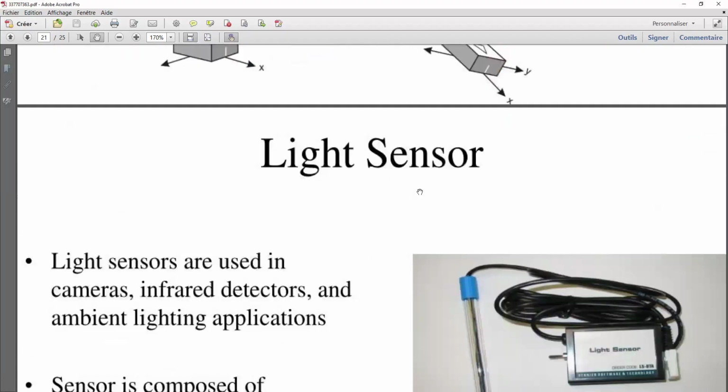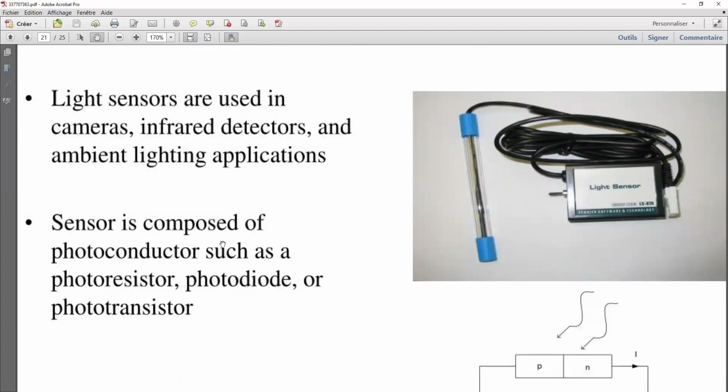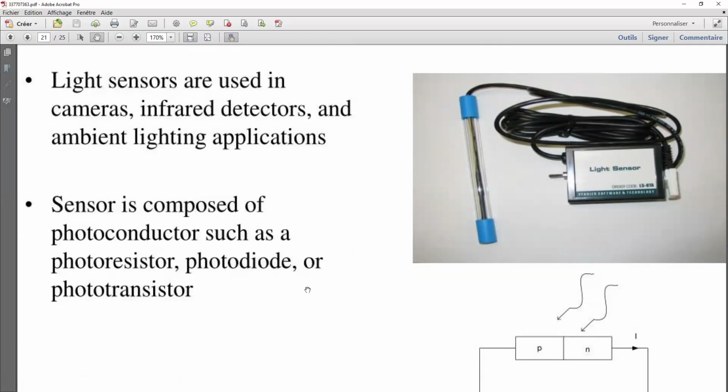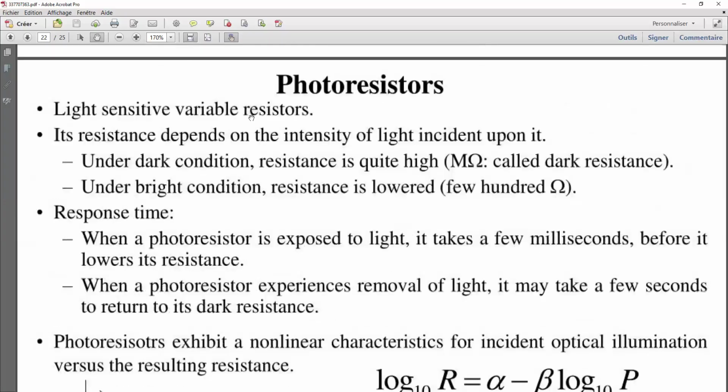And we have also the light sensor. The light sensor is used in cameras, infrared detectors, and ambient light applications. The sensor is composed of a photoconductor, such as a photoresistor, photodiode, or phototransistor. A photoresistor is a light-sensitive variable resistor. Its resistance depends on the intensity of light incident upon it.